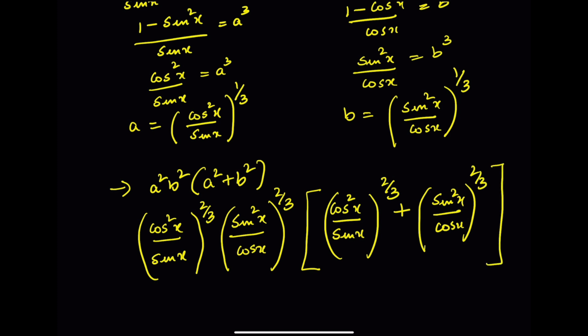So why did we have 2 by 3 here is because it is square. So if you know the rules of exponents, this would change to 2 by 3.